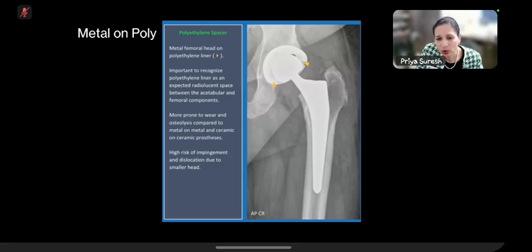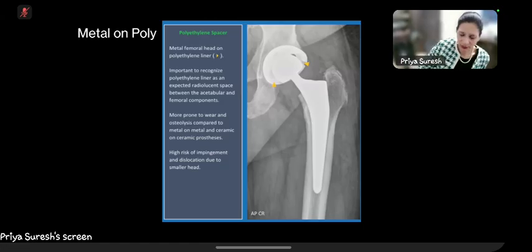Now, this is more prone to osteolysis compared to metal on metal or ceramic on ceramic prosthesis. Okay, and the other important thing is there's high risk of impingement and dislocation. Yeah, so these are the disadvantages and these are the things that you will look for when you see that the patient has a polyethylene spacer.